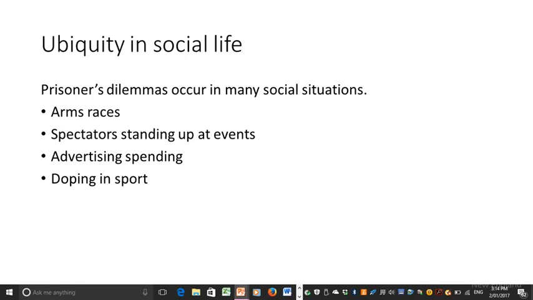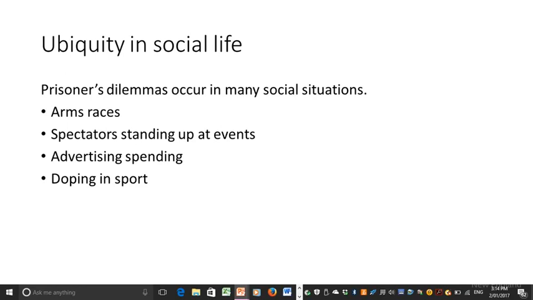And as we saw last time, you reason in this way: if everyone else stands up, the rational thing for me to do is to stand up, otherwise I won't be able to see. If everyone stays sitting down, the rational thing for me to do is to stand up, because then I get the best view. So whatever everyone else is doing, the rational thing for me to do is to stand up. But then everyone reasons in the same way. Everyone stands up, and so everyone then is worse off than if they'd been able somehow to reach an agreement to all stay sitting down.